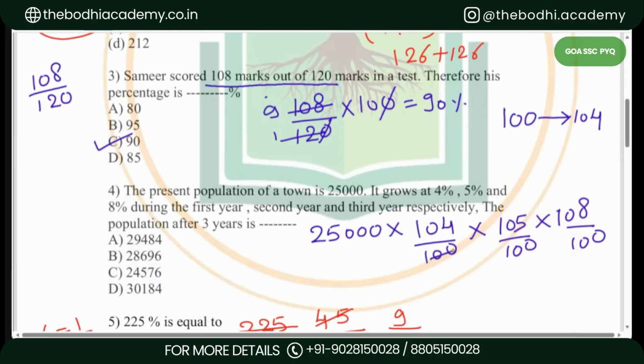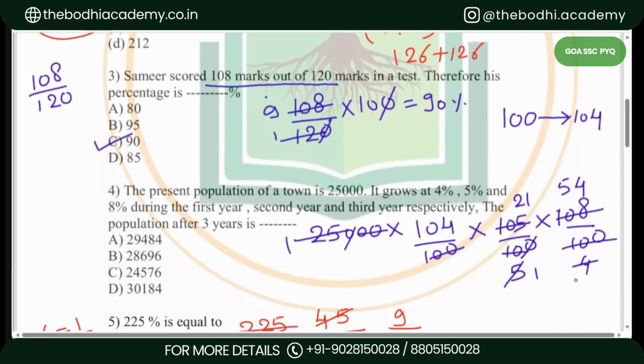Now let us strike it out. Two zeros cancel, 10, 10. 25 ones are 25, fours are 100, so two fives are, and two fours are. Five ones are five, five twos are 10, so 21.